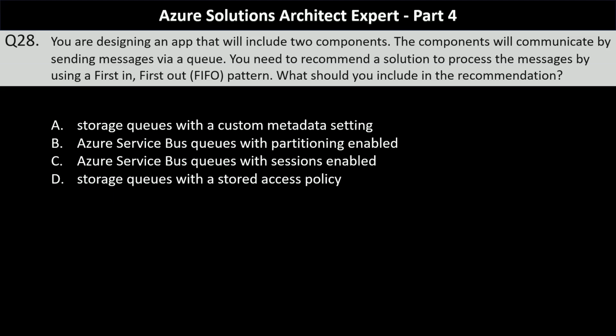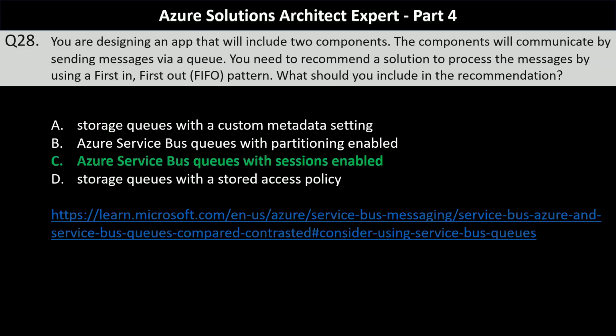Folks, you should use Azure Service Bus queues with sessions enabled in this case. This ensures FIFO messaging because session-enabled queues allow the messages that share the same session ID to be processed in the order they were sent. Now let's understand why other options are incorrect. Storage queues with custom metadata setting.